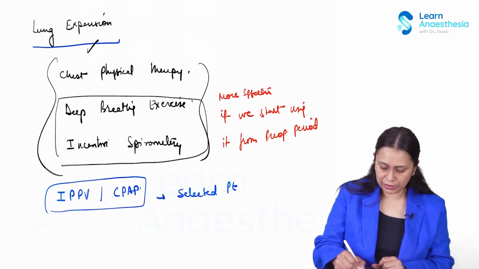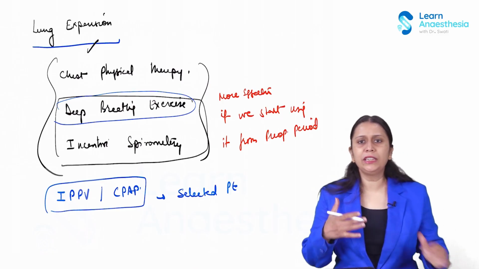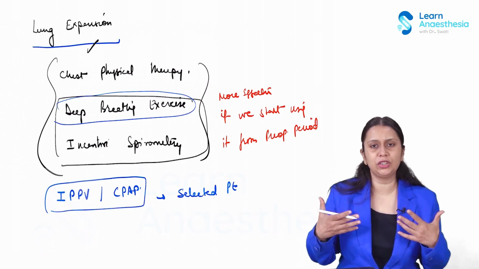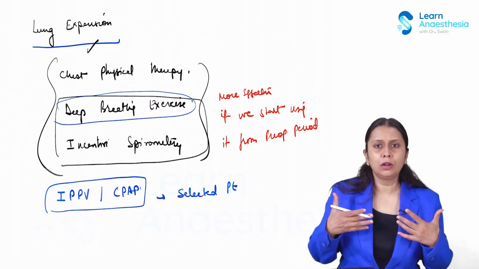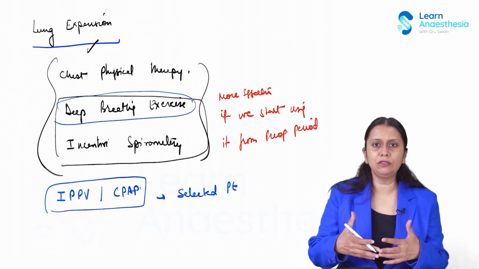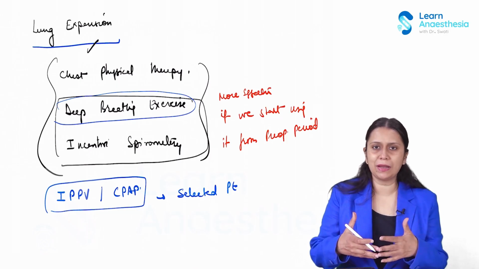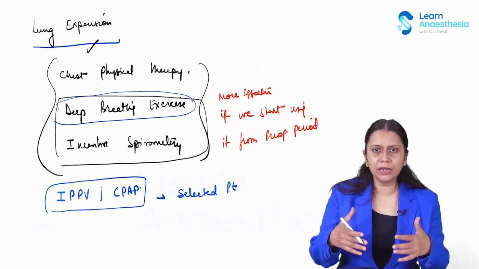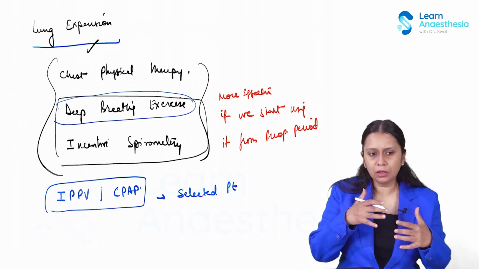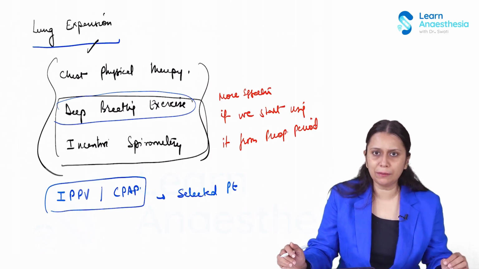Now let's talk about the deep breathing exercises. How are these deep breathing exercises done? The patient is asked to take a slow deep inspiration, hold the breath for 3 to 5 seconds and then slowly expire to functional residual capacity.